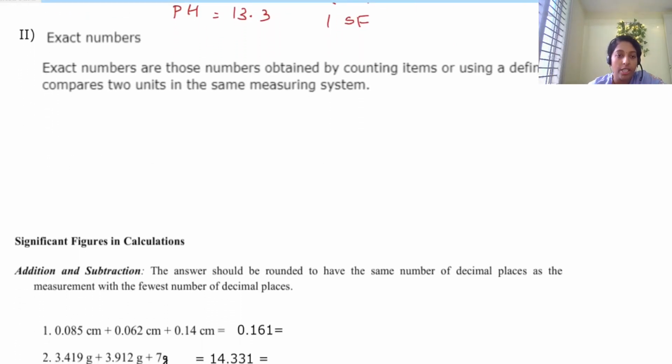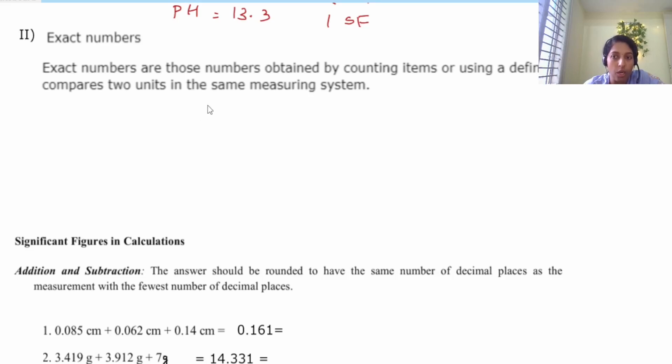And the second special case: you are not going to count significant figures while dealing with an exact number. So what do you mean by exact number? As I told you, there are two kinds of numbers, measured numbers and exact numbers.